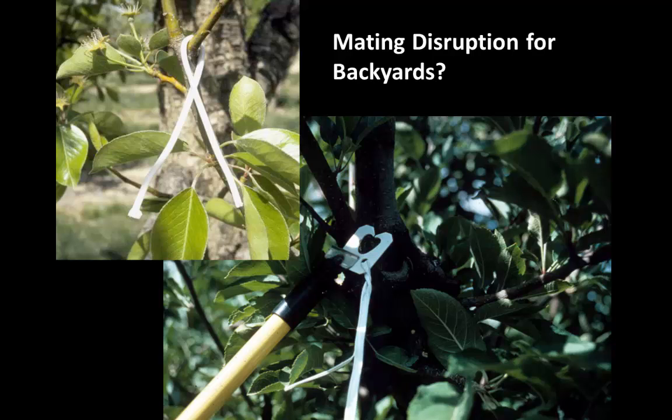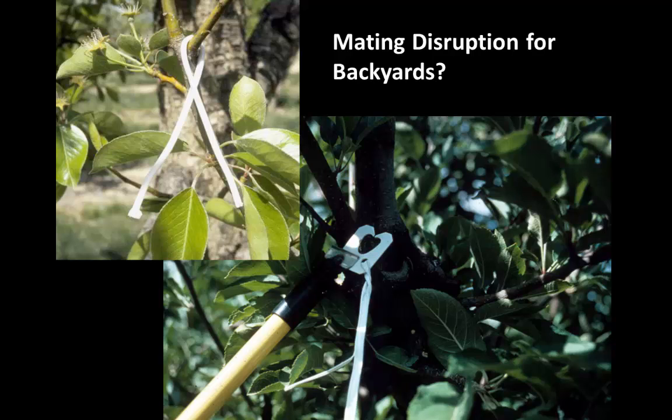As I mentioned a couple weeks ago, mating disruption is not appropriate for backyards, unfortunately. The way mating disruption works is it requires a large area to be permeated. And if you have a fairly small isolated area where you're using these high-release pheromone lures, then there are usually very nearby places where it is not permeating the atmosphere so much that it would prevent mating.